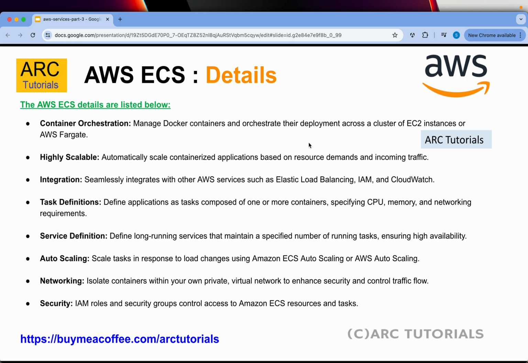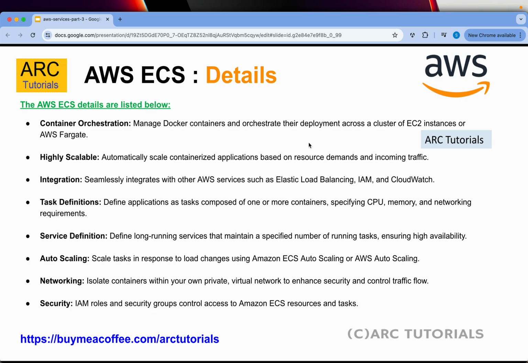So let's talk in detail about it. We use ECS to manage our Docker containers, right? And when we say orchestration, it means how many instances of Docker containers play into the picture. It's also easy to deploy across different EC2 instances. Remember, we are talking about EC2 and not ECS.